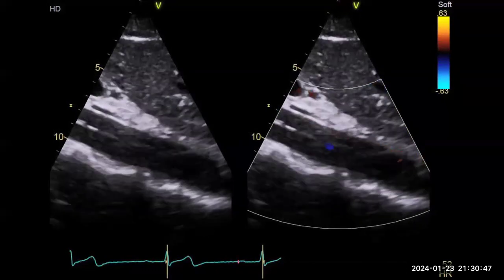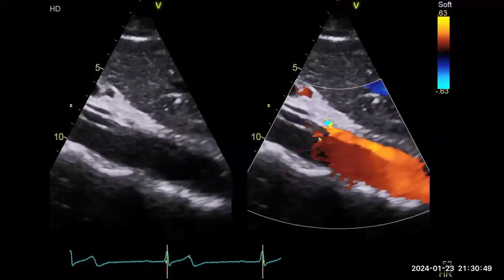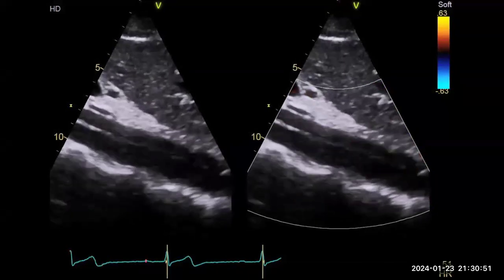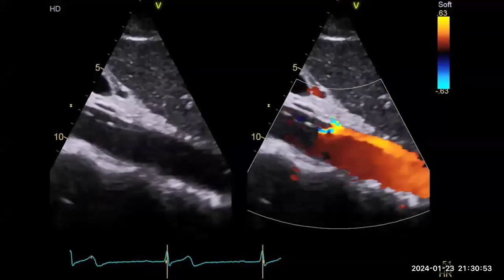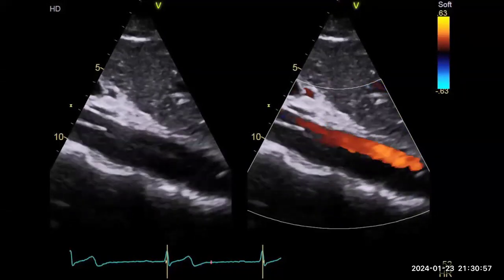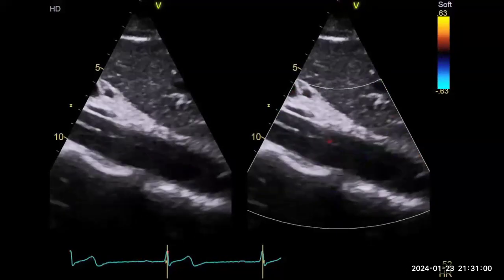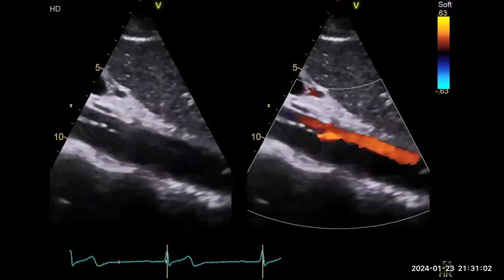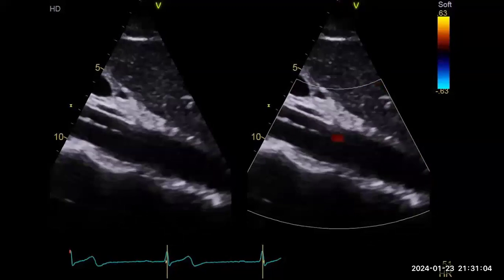So this is a case of dissection of the aorta, starting downstairs from the abdominal aorta and extending up to the arch, and this patient was unfortunate. It extended to the carotid up and to the iliac downstairs.